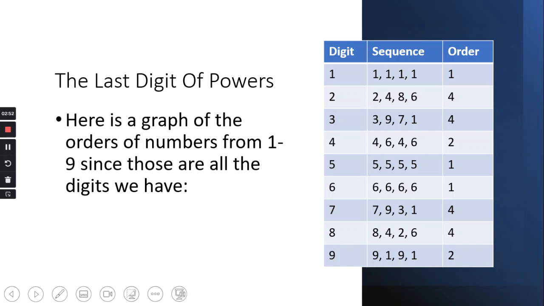Meanwhile, if you have an order of 2, you would have 4 and 9. 4, it's 4, 6, 4, 6. It goes 4, 16, 64, and 256. And the same goes with 9, which is 9, 1, 9, 1.